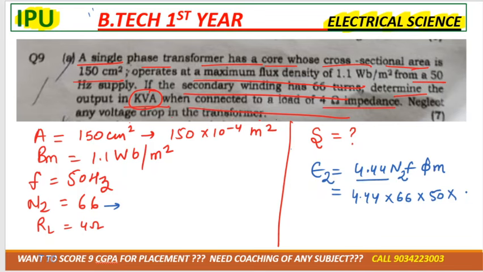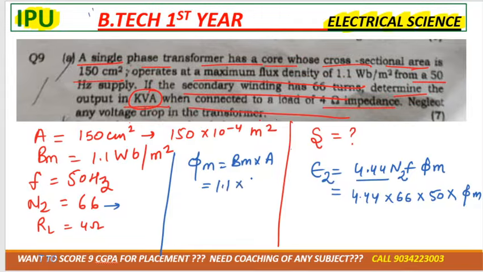Phi m we don't know, right? So how can we get phi m? As I told you the formula, phi m is equal to Bm multiplied by area. Bm is 1.1 and area is 150 into 10 raised to power minus 4. So from here we can get the value for phi m. After getting this, we'll get E2. Yes or no?